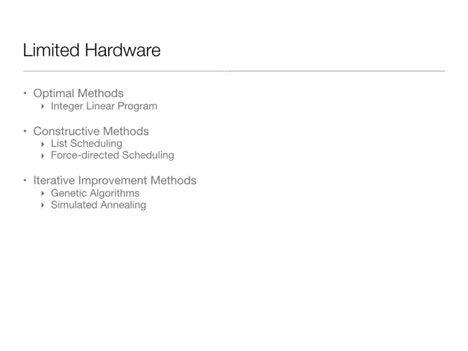Then there are constructive methods. What constructive methods do is construct a schedule from scratch. I'm given a number of processors, so limited hardware, and I decide this task goes to time step number 1, this task goes to time step number 6. At any given point in time, you're going to have a valid schedule. It may not be the most efficient.